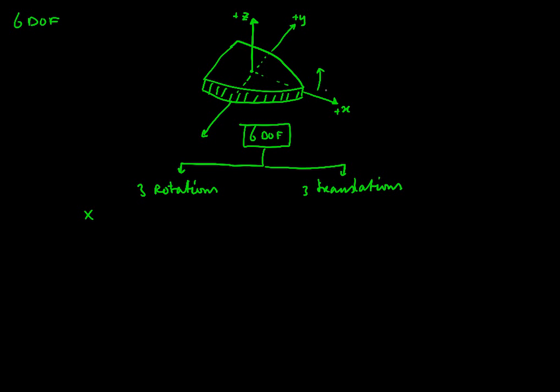If we rotate around the x-axis, that would be something like a roll. When we move forward along the x-axis, that's the surge. Around the y-axis, when the vessel is rotating around the y-axis, that would be pitch.